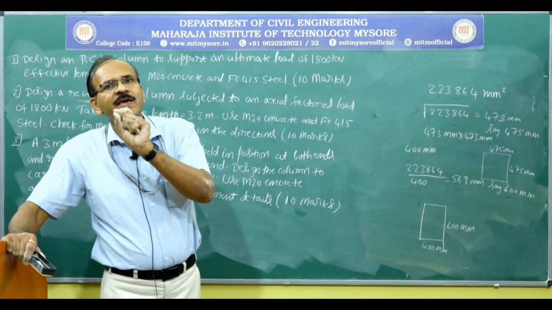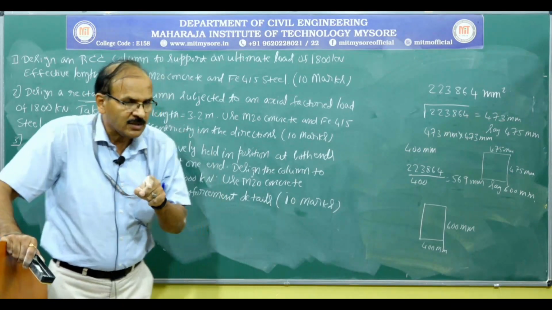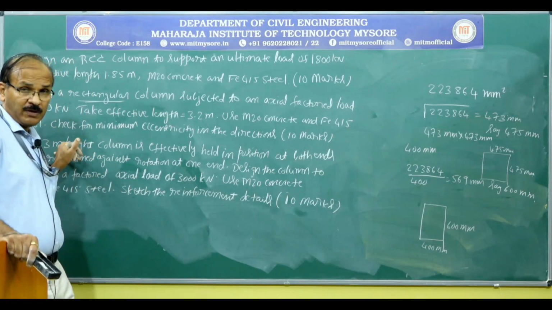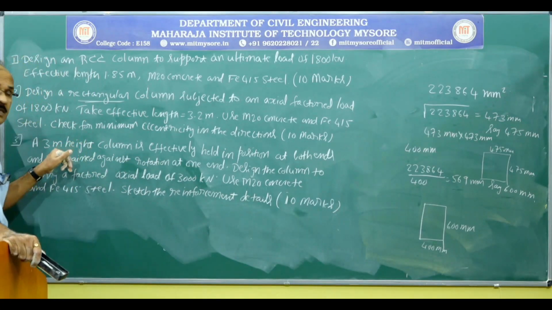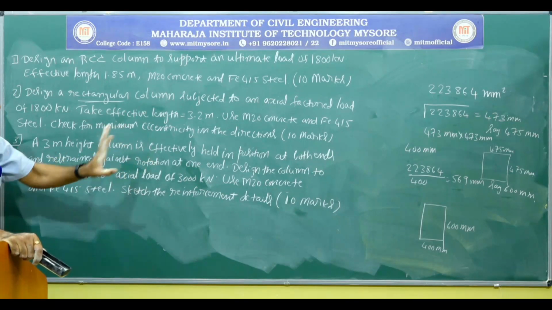So effective length will be equal to 0.80 times the unsupported length, which is 3 meter in this problem. Is this clear to you? Okay, then go ahead and solve the problem.